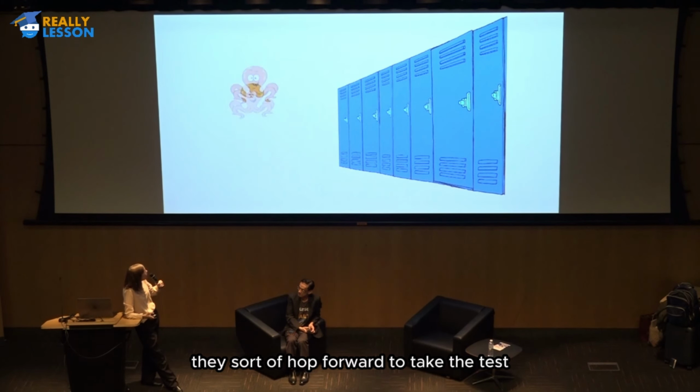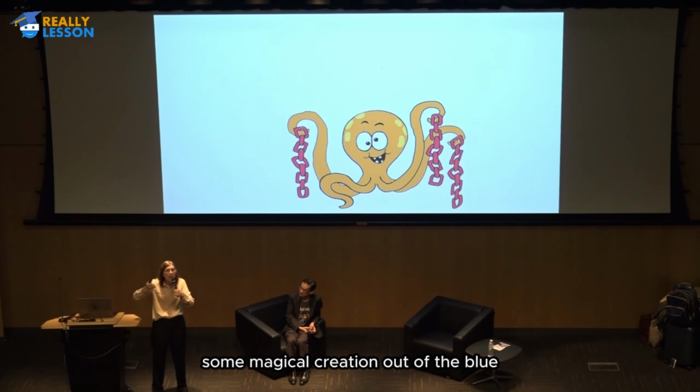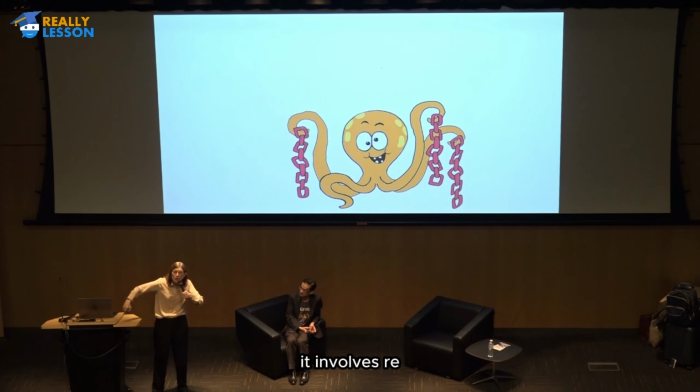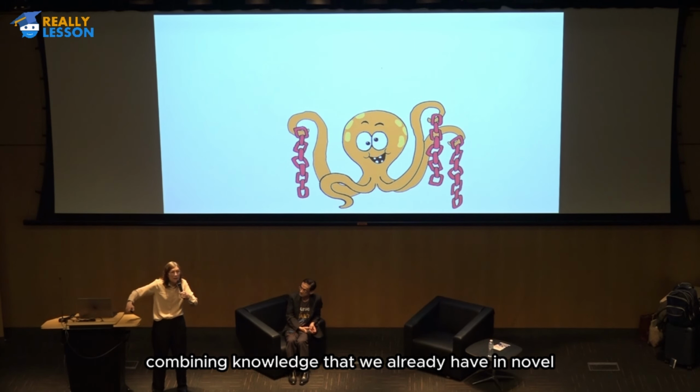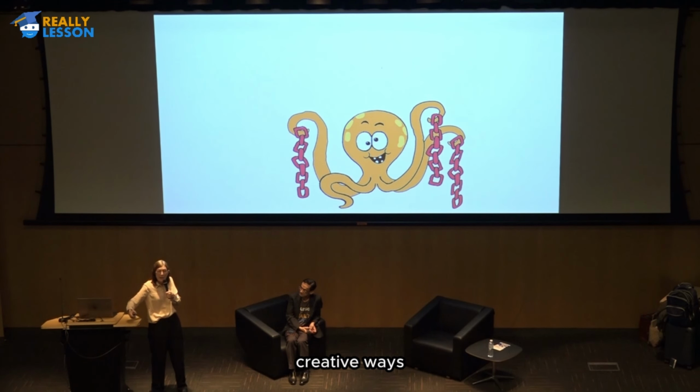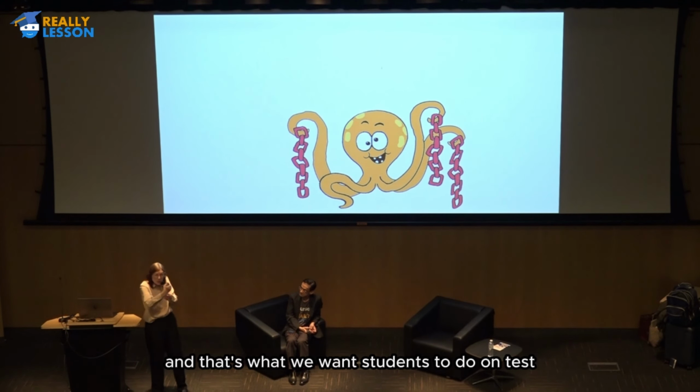know. Every part of creativity involves not just some magical creation out of the blue. It involves recombining knowledge that we already have in novel, creative ways. And that's what we want students to do on tests.